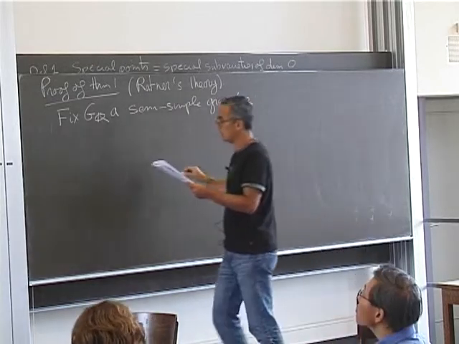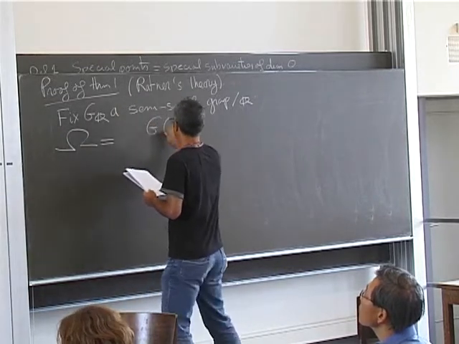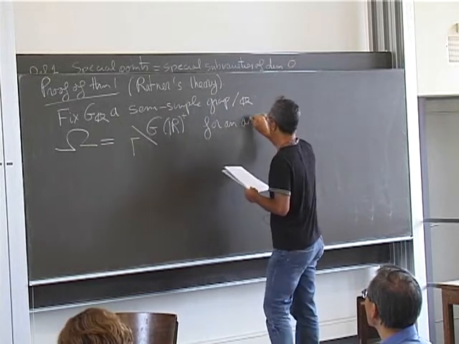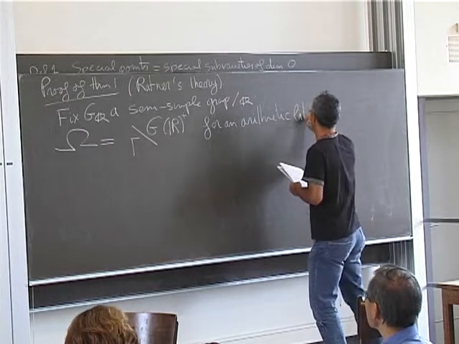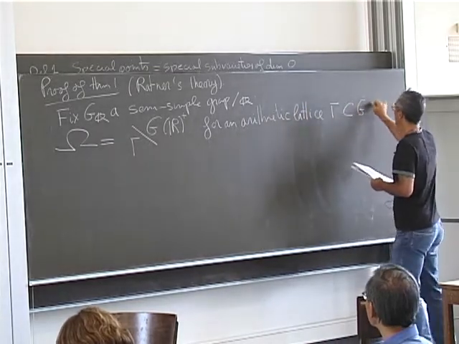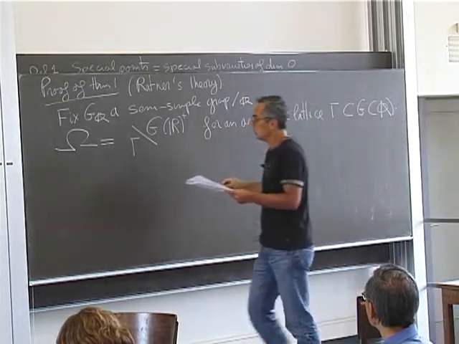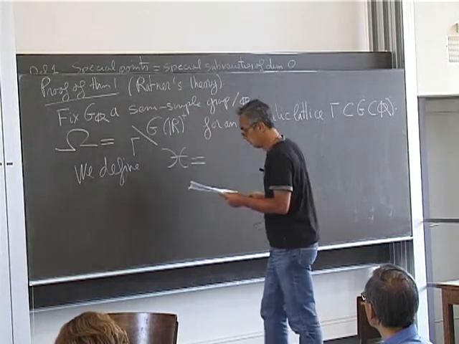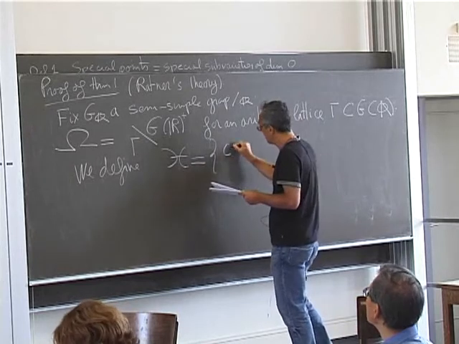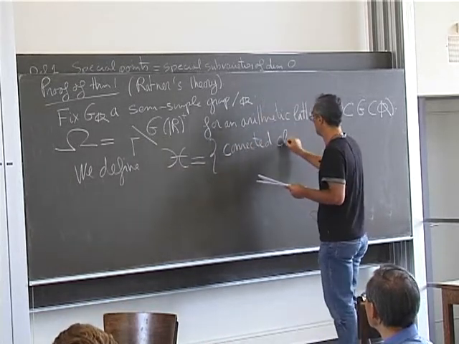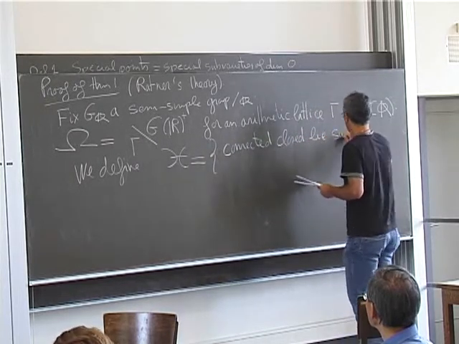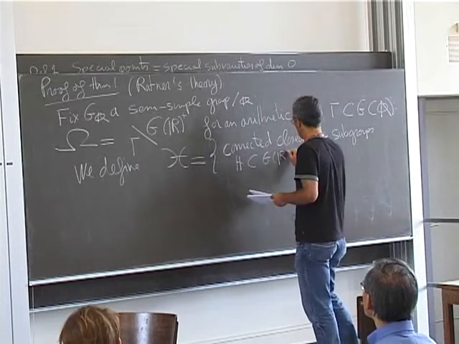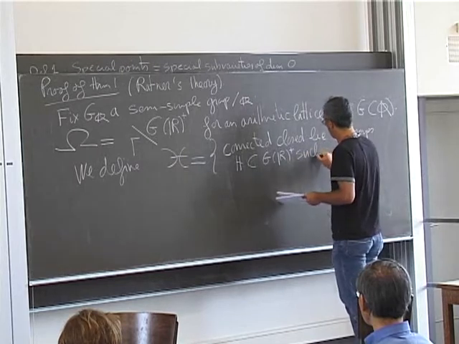Define omega equals G of R plus divided by gamma for an arithmetic lattice gamma inside the Q points of G. And so we define the following set of connected closed Lie subgroups H inside G of R plus with two properties.